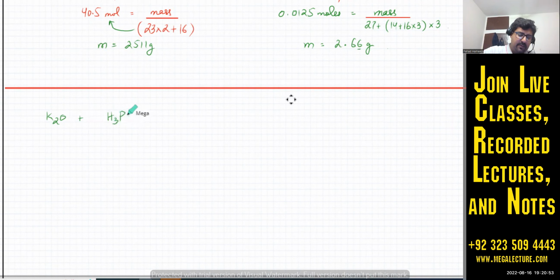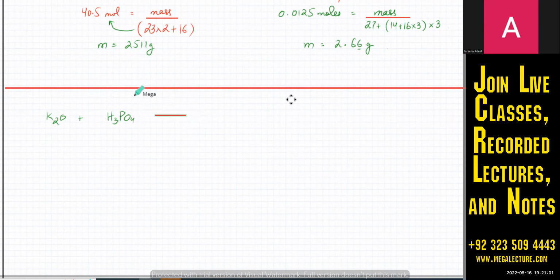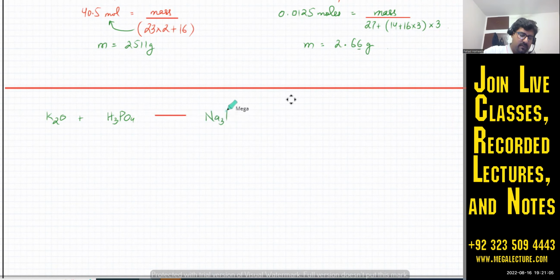So they've given you an equation, and it forms K3PO4 plus water molecules.